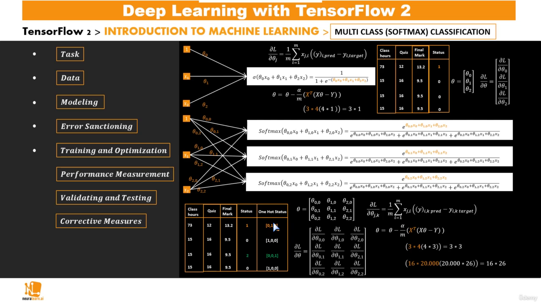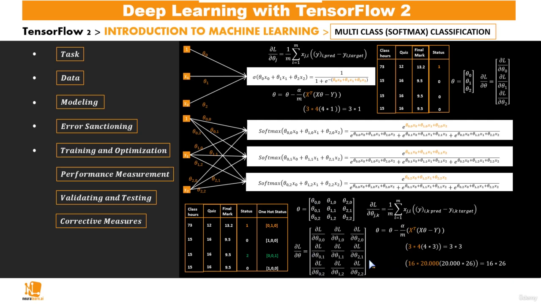And given that we have 20,000 different data points, we have 20,000 times 26. So computing the dimensions, we have 16 times 20,000 times 20,000 times 26. So we have a 16 times 26 dimensional matrix for theta and the partial derivative of the loss with respect to theta.